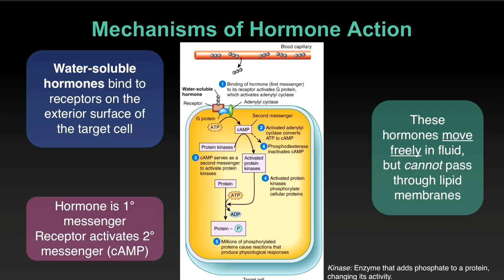Cyclic AMP is a derivative of ATP. Sending signals, initiating cascades, takes energy. We convert ATP into cyclic AMP.